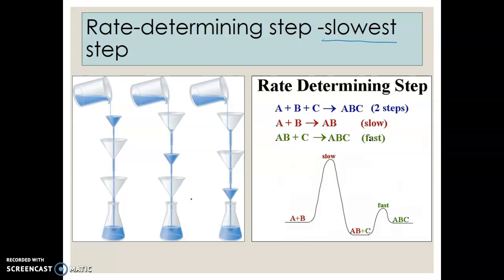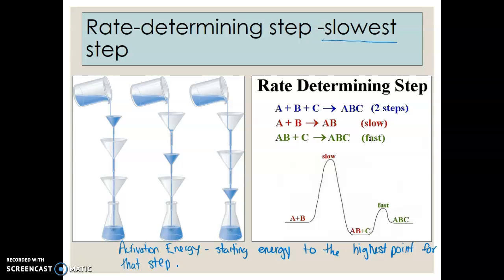And then activation energy. This is the starting energy to the highest point for that step. So the height of the step determines if it is a slow or a fast step.